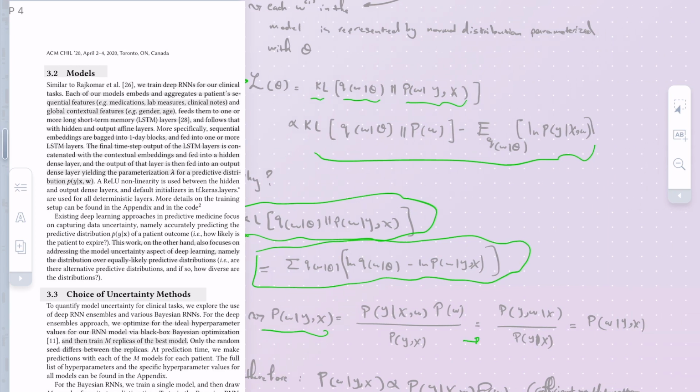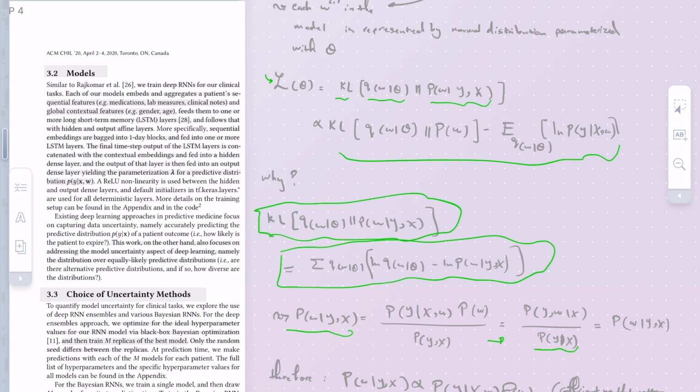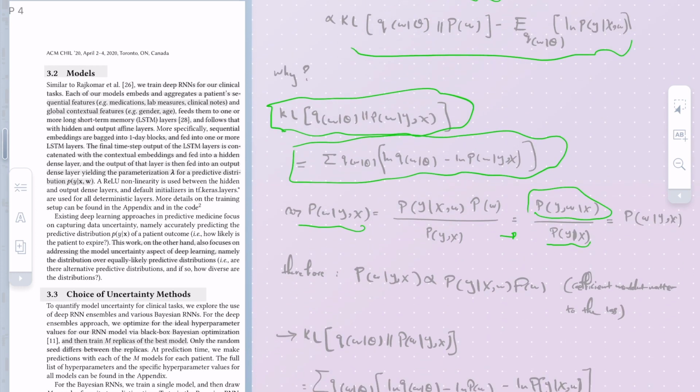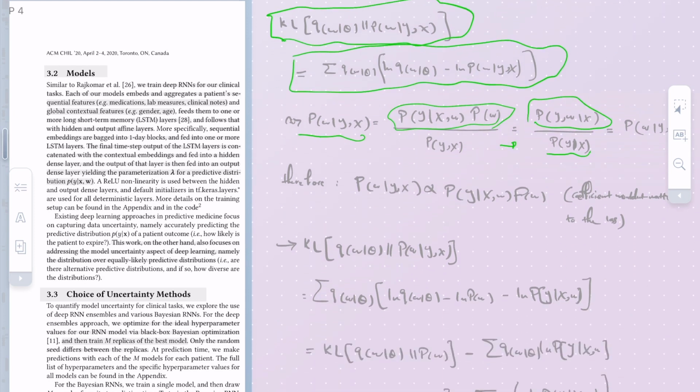We ignore this part because it's not relevant to the loss, and we retain this part and rewrite the equation.